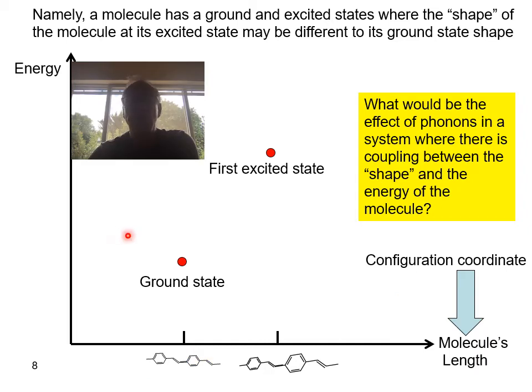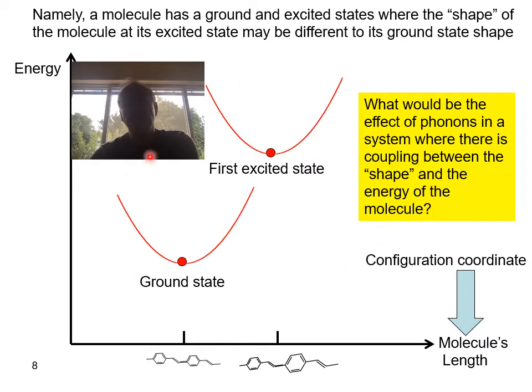And what we will find is that there is something that looks like a parabola that the molecule travels along. So as the molecule changes shape, if it moves from its equilibrium, then it will contain a little bit more energy as the shape is changing. And of course, the same thing holds for the excited state.